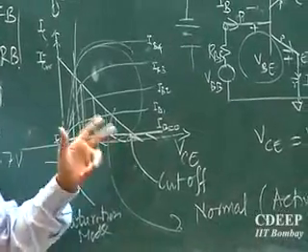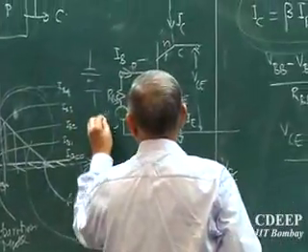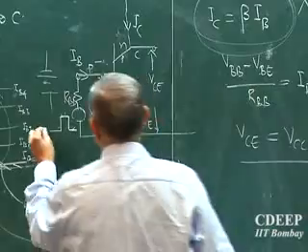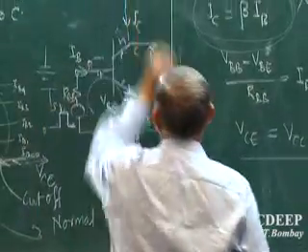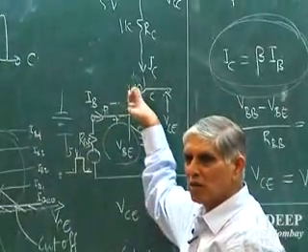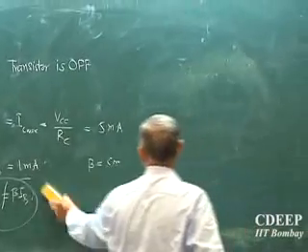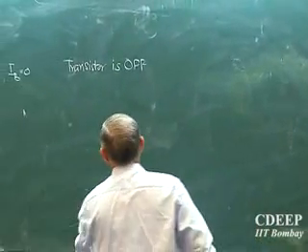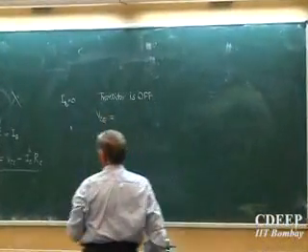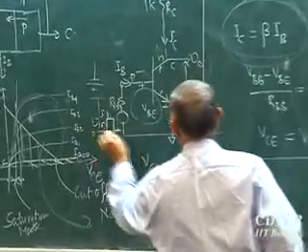Cutoff. You have seen from here that if I put a pulse here, 0 to 5 volt as I showed you, this is 5 volt let's say. At 0 volt, no collector current, the transistor is off. So VCE, which I now may call V out, and this is called V in.